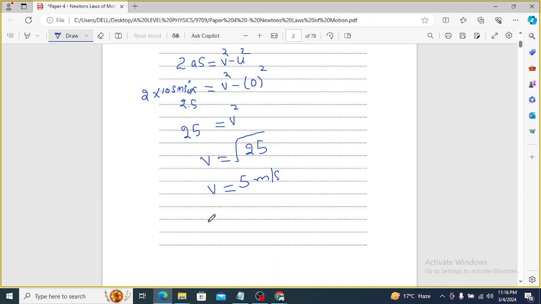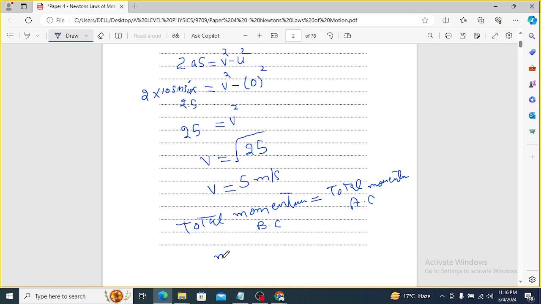The formula says m1u1 plus m2u2, the second speed is 0 since it is at rest, equals m1v1 plus m2v2.